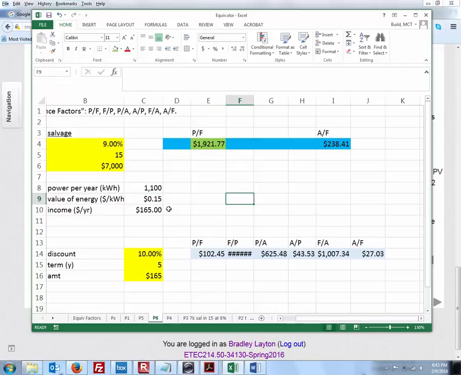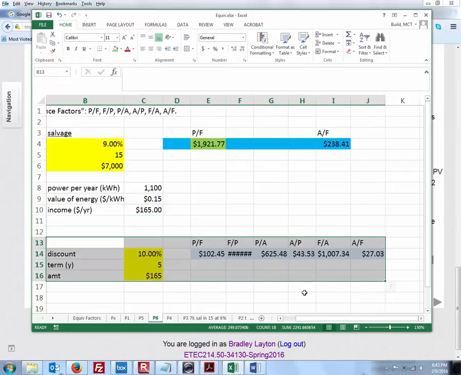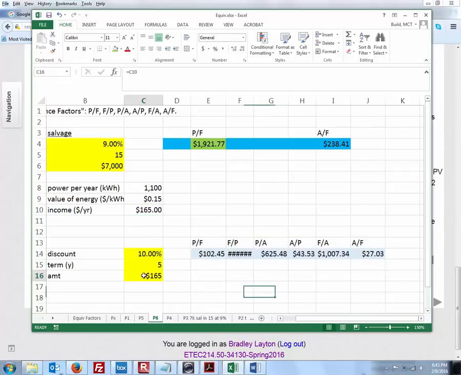We also calculated that we might make $165 a year if it's an 1100 kilowatt system at 15 cents per kilowatt. So that's 165 a year. All I did, I just copied my whole calculation bank, copied that number right in there, and so that's my present value as a function of my annuity.